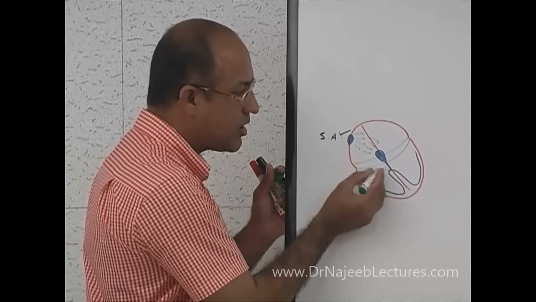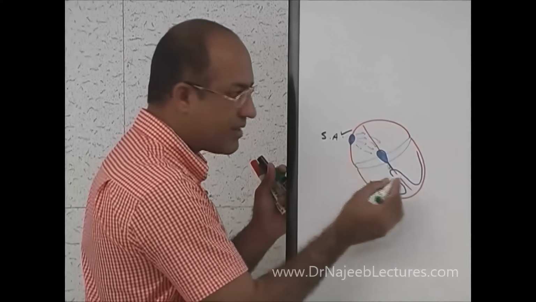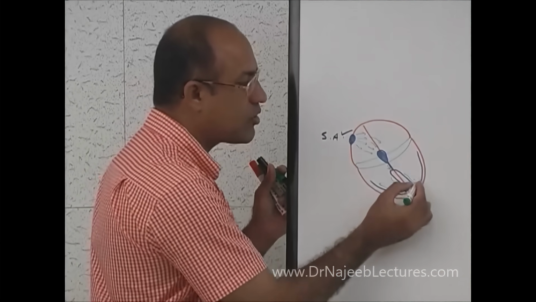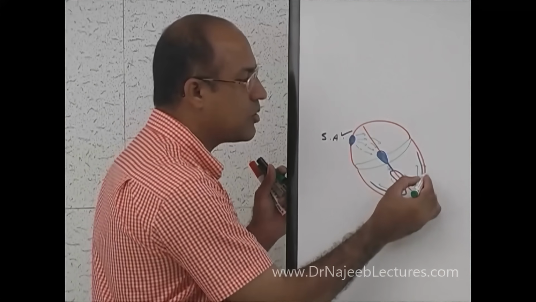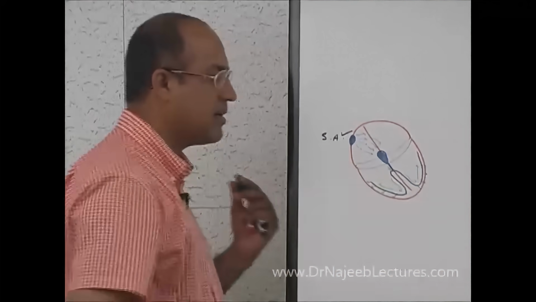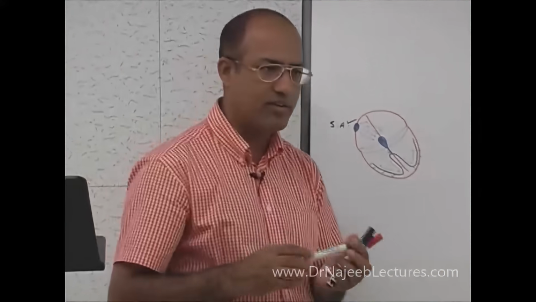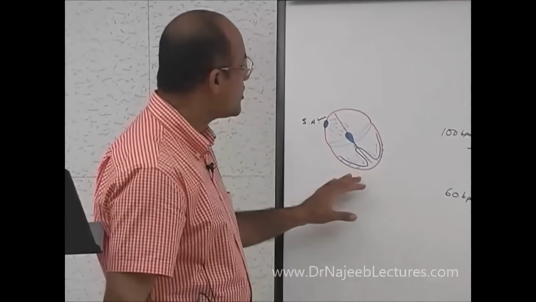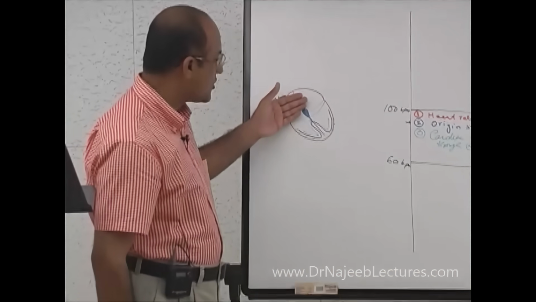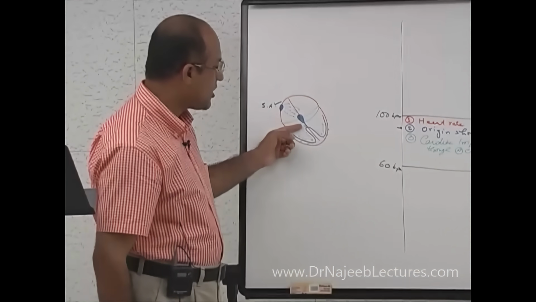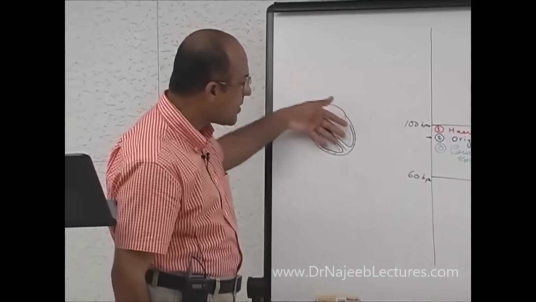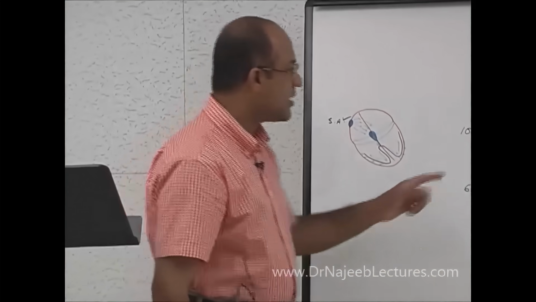Then from the AV node, it should come to the bundle of His, and then current should pass through bundle branches, and eventually through the Purkinje system, current should go to the final fibers which supply the ventricular myocardial cells. So, if the impulse originates from the SA node, passes through atria, AV node, bundle of His, bundle branches and Purkinje fibers, that is the normal pathway of conduction, then we say your rhythm is normal.